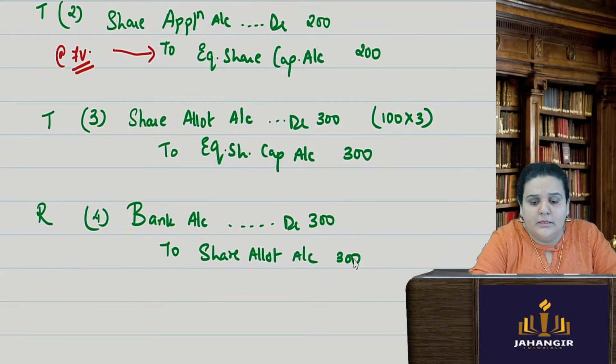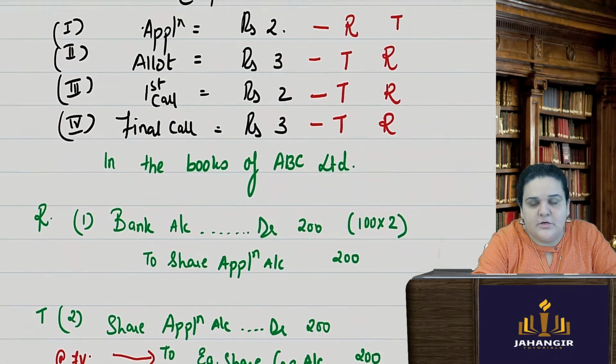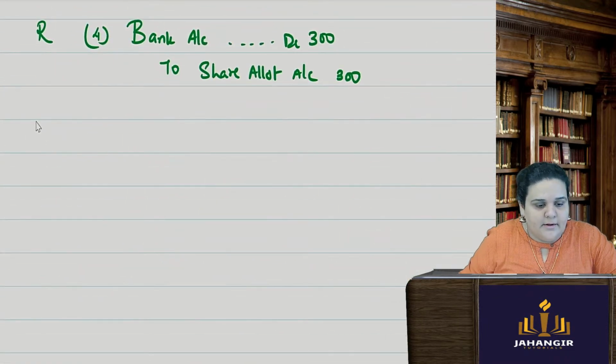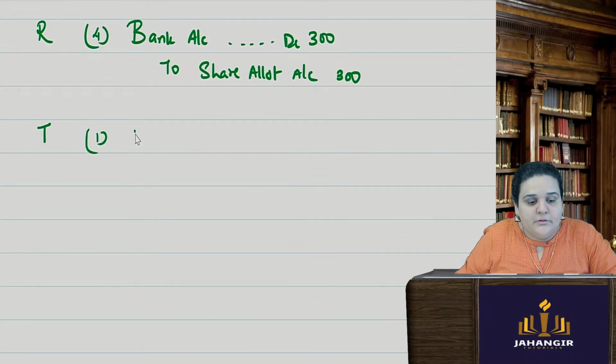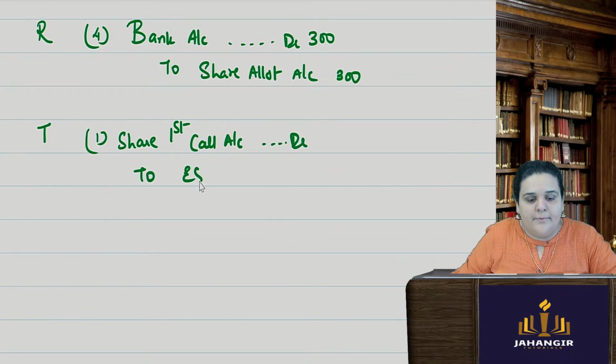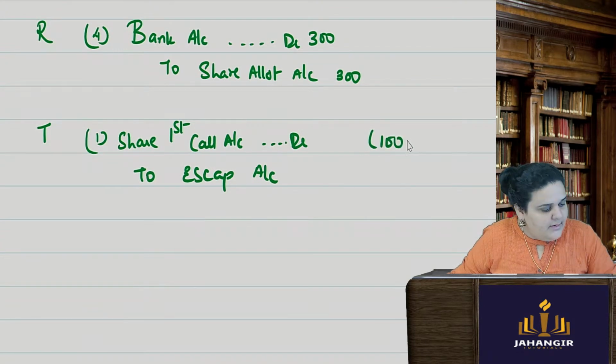Now next is my first call. First call rupees 2 I am going to receive. So I am going to pass my transfer entry here. Transfer entry, share first call. Write down, share first call account debit to equity share capital account. On 100 shares, my first call money is rupees 2.